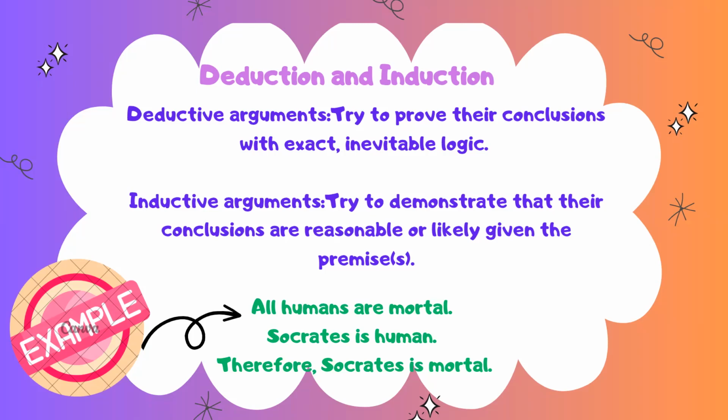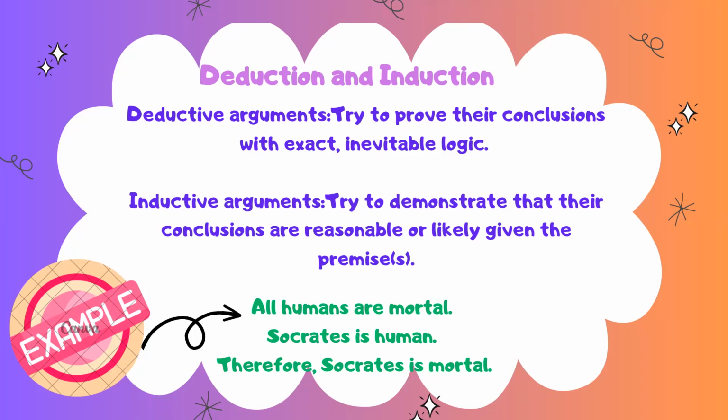First one is deductive arguments try to prove their conclusions with shortened and inescapable logic. And the other one, inductive arguments, try to show that their conclusions are plausible or more likely given the premises. And there is an example about deductive arguments.